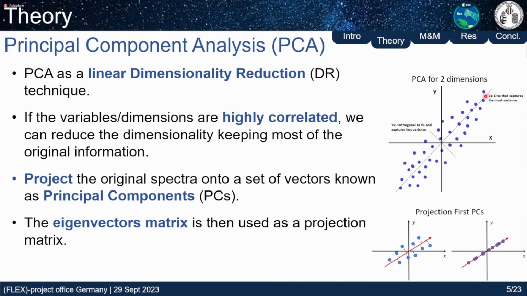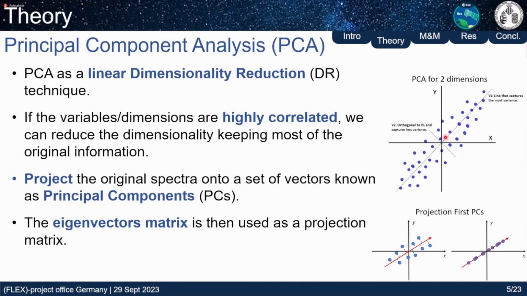When we rotate the coordinate system, the first principal component captures most of the variance, while the other captures less of the variance. For this reason, principal component analysis is also used to reduce the noise of the data, because sometimes this dispersion can be noise.